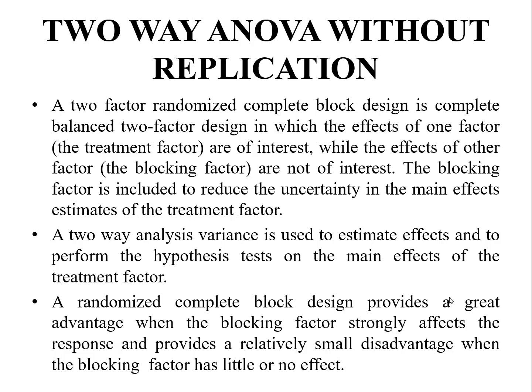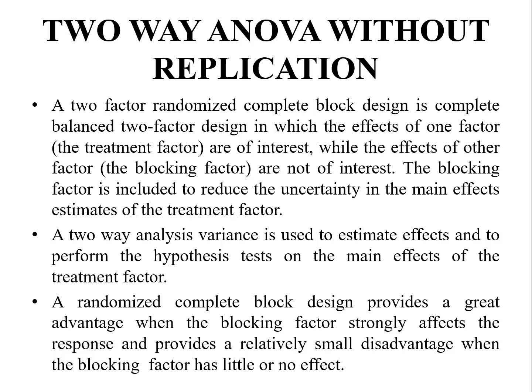So the blocking factor is included to reduce the uncertainty in the main effect estimate of the treatment factor. A two-way analysis of variance is used to estimate the effect and to perform the hypothesis test on the main effect of the treatment factor. So basically we want to converge the process onto one specific point where our main interest lies. We will reduce the impact of those nuisance factors which are not of direct interest.